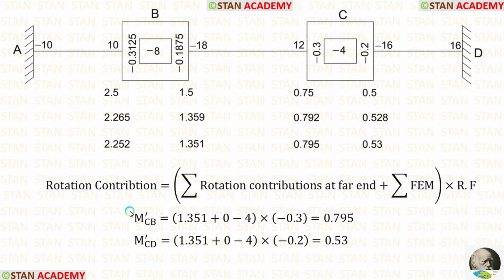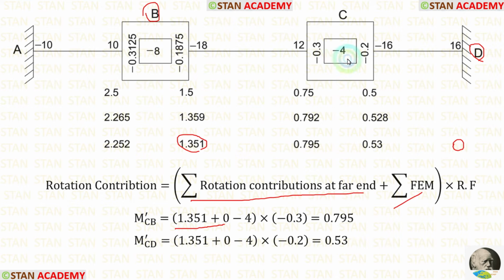Now let us calculate m dash CB and m dash CD. In the point B, the rotation contribution is 1.351. In the point D, the rotation contribution is 0. So for the summation of rotation contributions at far end, we are having 1.351 plus 0.